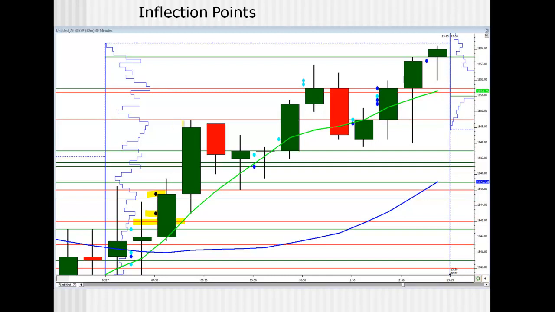Now when we get up to this level here, we begin to see negative pressure, and prices start to drop. And they drop all the way down to here. Notice how close that is to where the prior intense activity was.